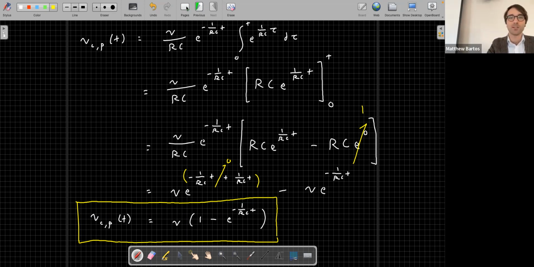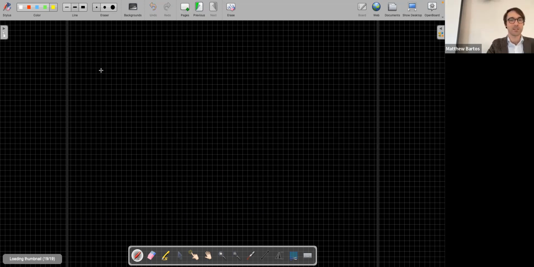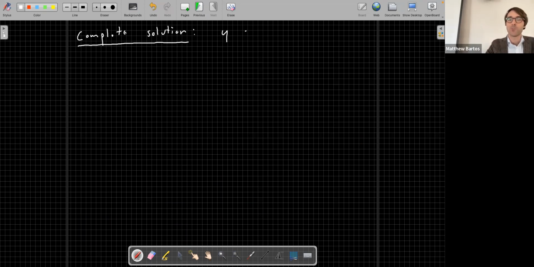No. So what do we need to do to find the complete solution? Okay, so we have to add them both together. So the complete solution is given by y is equal to y_h plus y_p. So we have to add the homogeneous and particular parts together.